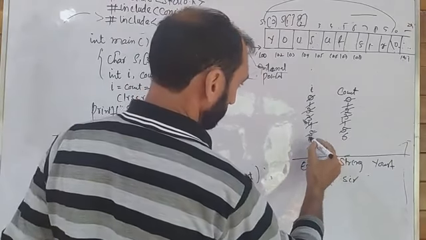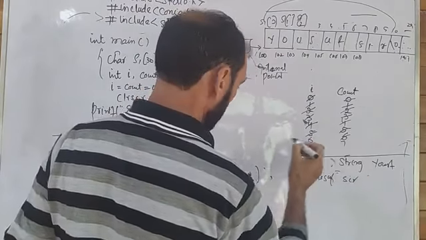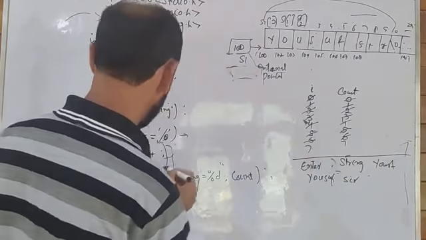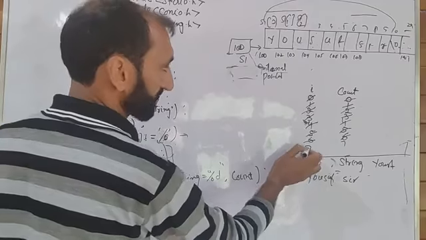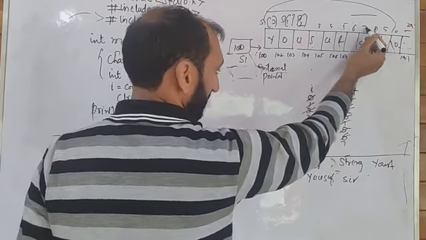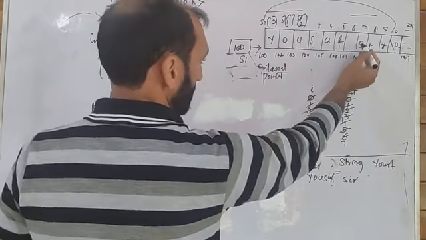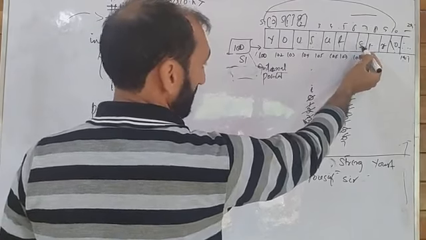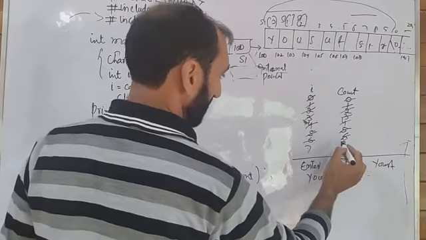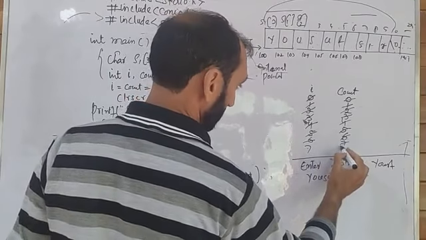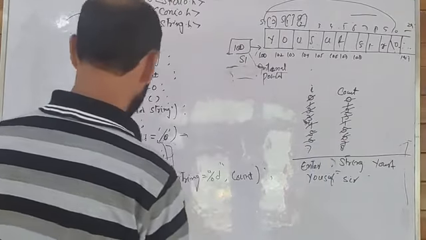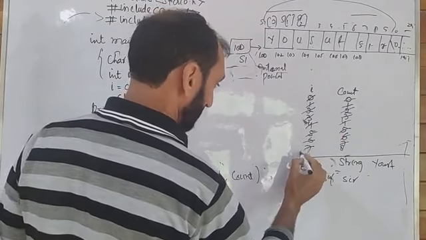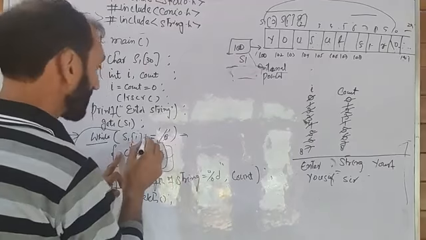Count becomes 7 and I plus plus becomes 7. Then S1 of I, that means S1 of 7, this location, is not equal to \0, so count plus plus, count becomes 8, I becomes 8.